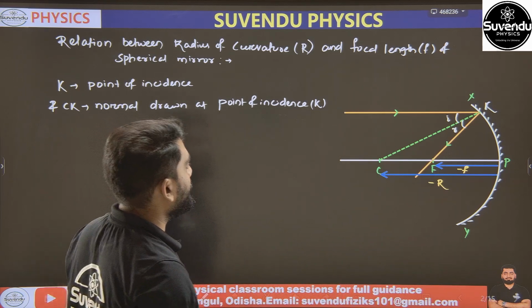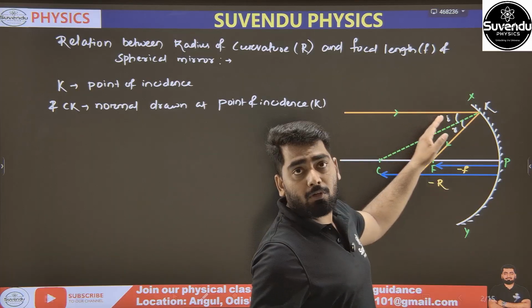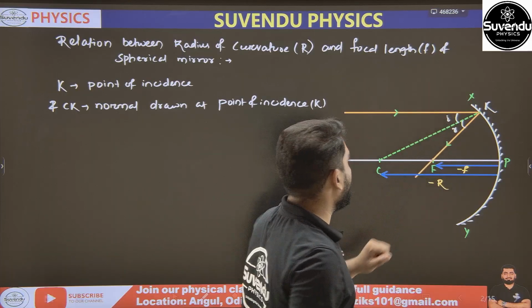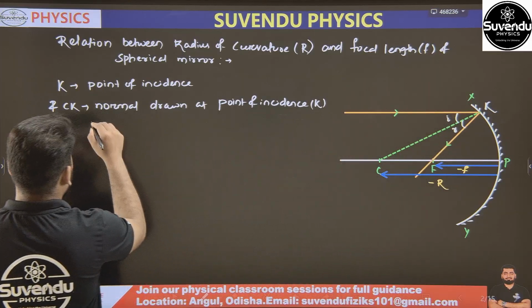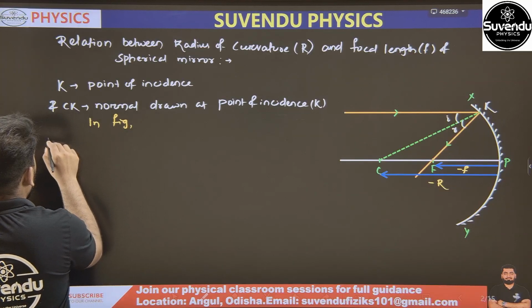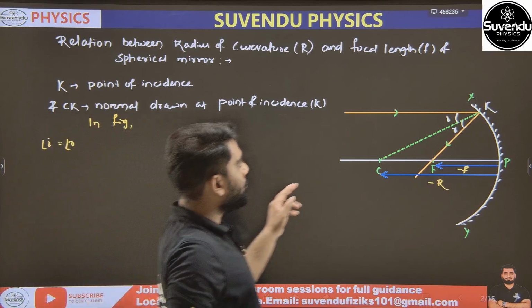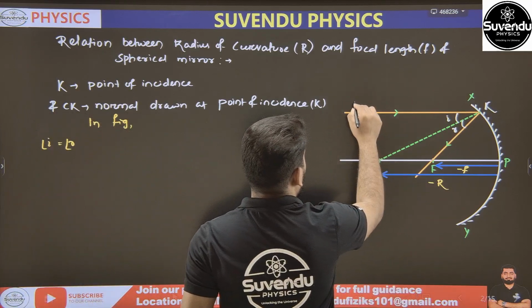Next part. From the laws of reflection, angle i is equal to angle r. So in the figure, angle i is equal to angle r. What does this mean? See, this is your i.